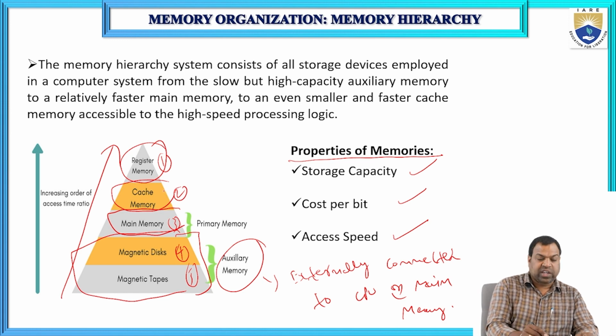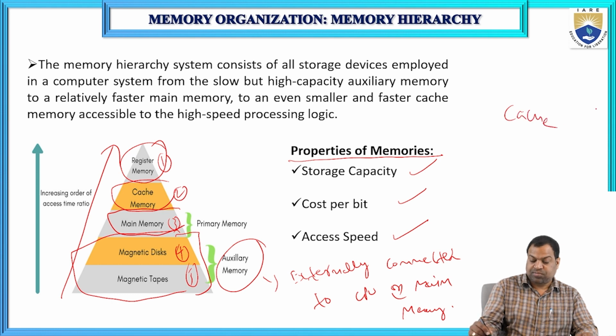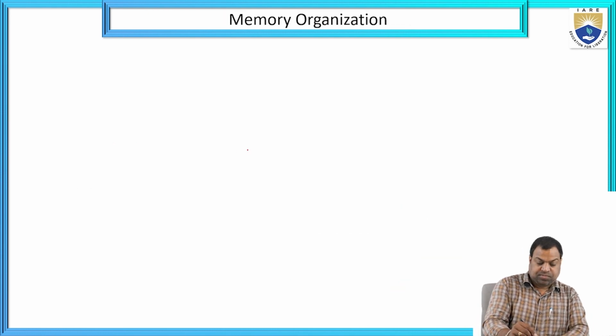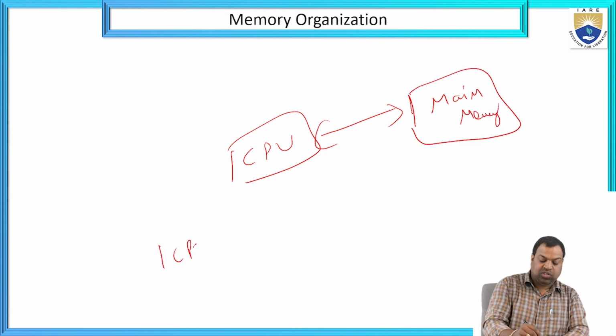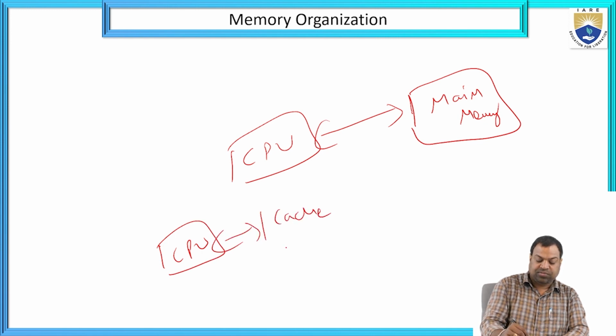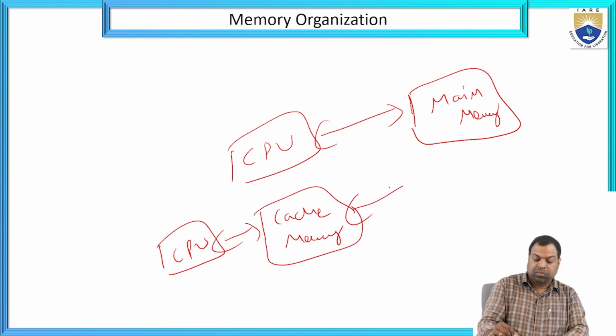So when I'm using cache memory between the main memory and CPU, versus CPU with main memory only, is there any difference?